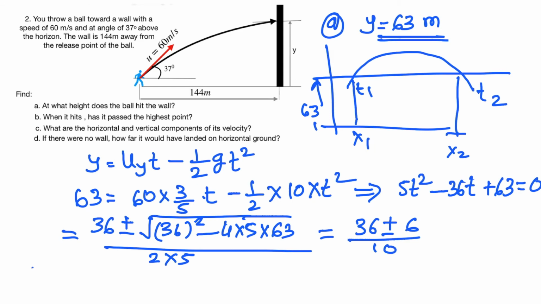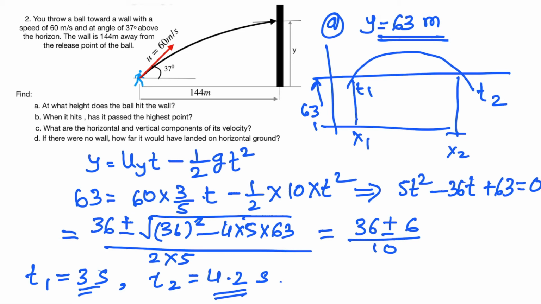So the time t1 we can find out as 36 minus 6 divided by 10, which is 3 seconds, and t2 will be equal to 36 plus 6, which is 42, divided by 10, 4.2 seconds. So the ball will be at the same height, which is 63 meters from the horizontal, at time t1, which is 3 seconds, and time t2, 4.2 seconds.